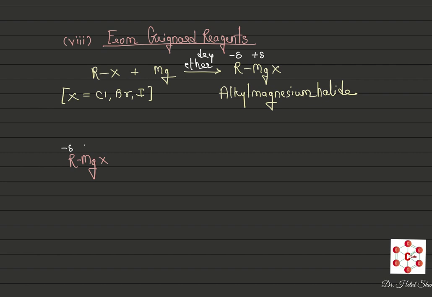This negative R is so powerful in pulling out H plus. It always pulls out what? H plus. You can react a Grignard with anything in which hydrogen is connected to a more electronegative atom.